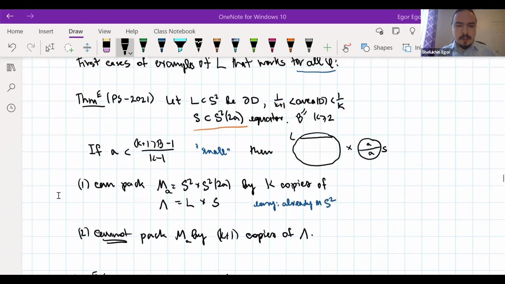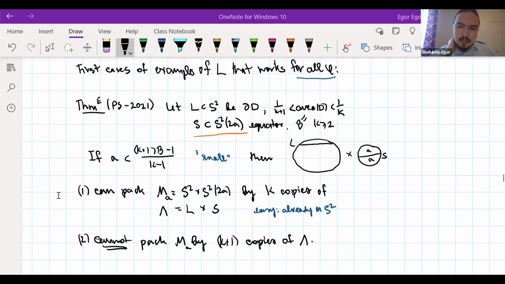Our claim is that one can of course pack M_A by k copies of this Lagrangian, because even in S^2 one can pack it by k copies, since its area is smaller than 1 over k. But we claim that one cannot pack M_A by k plus 1 copies of this Lambda, which is also true in S^2 by area reasons, but one cannot pack M_A by k plus 1 copies.